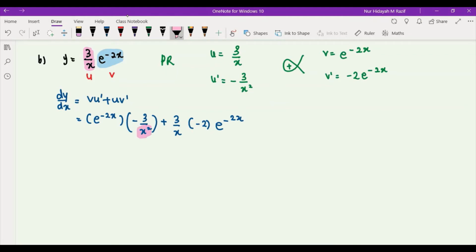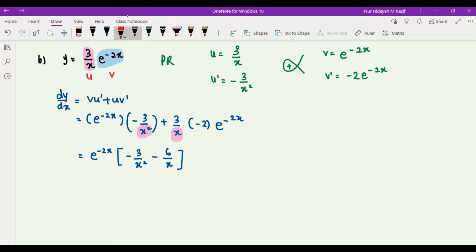In this case, the first term is x squared and the second term is x. So I'm going to equate the denominator and I will have e power of negative 2x factored outside, and whatever is left is negative 3 over x squared minus 6 over x.